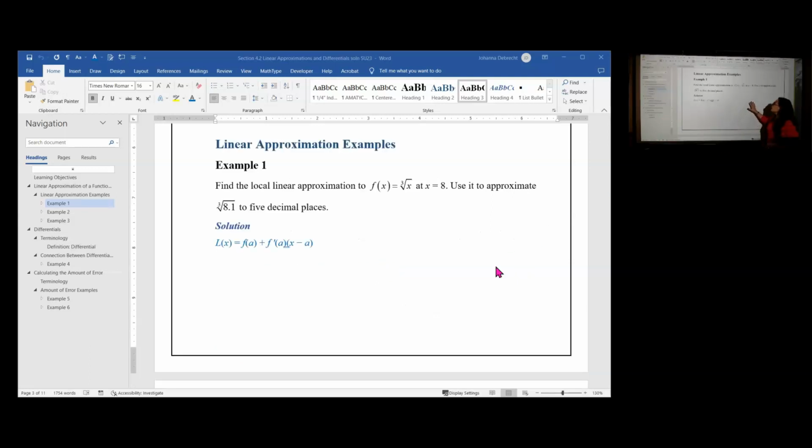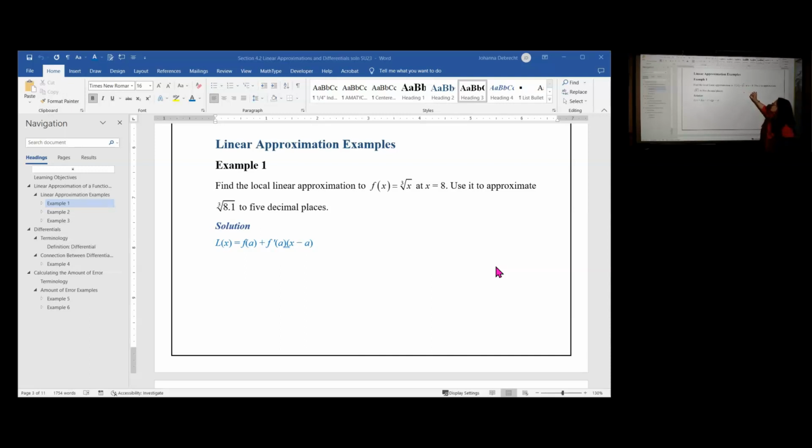In example 1, we want to find the local linear approximation to the function the cube root of x at the point x equal 8. 8 becomes our value of a. Now we know what the value of the function is at 8. The cube root of 8 is 2.